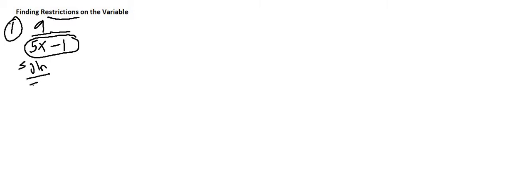So 5x minus 1 is equal to 0. This is how to solve this. 5x, the 1 will go to the other side. So 5x equals 1.